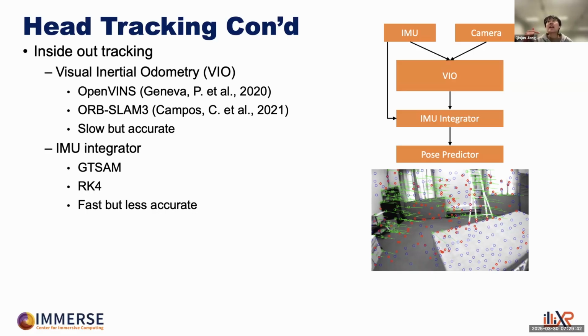So using that information, we can try canceling out the noises in the IMU sensor, so the IMU integrator can maintain a good accuracy for even longer time. In Elixir, we provide two implementations of IMU integration. One is based on GTSAM, or the Georgia Tech Smoothing and Mapping framework, and another is based on the iterative Runge-Kutta four-step methods.